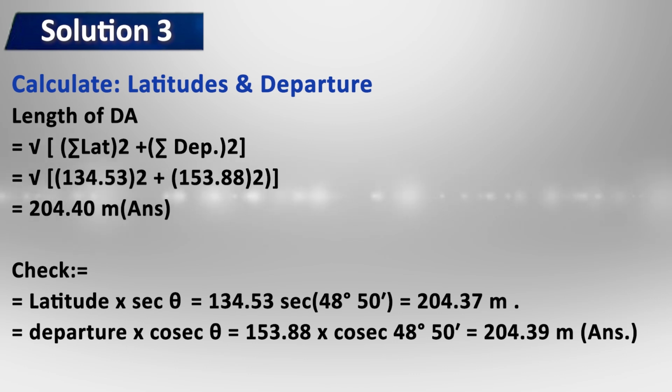The latitude into sec theta should give us the value of the length of member DA. So it is equal to 204.37. From departure also we will calculate the same. Departure into cosec theta is equal to 204.39. So these are the values of line DA.